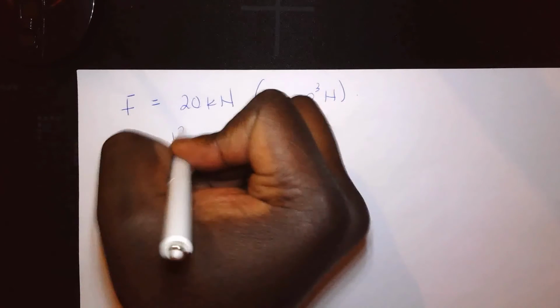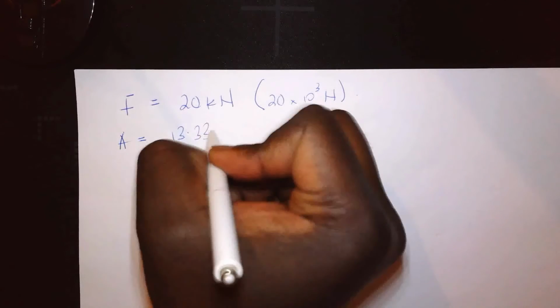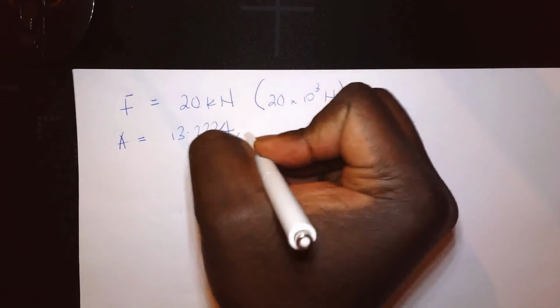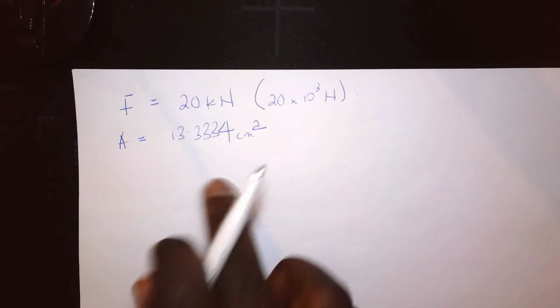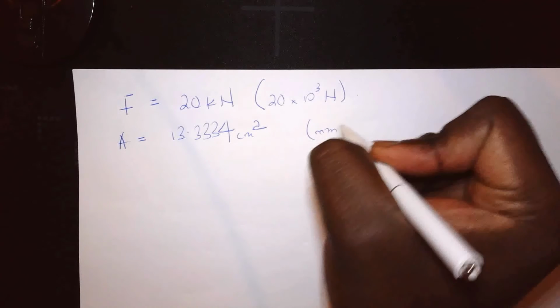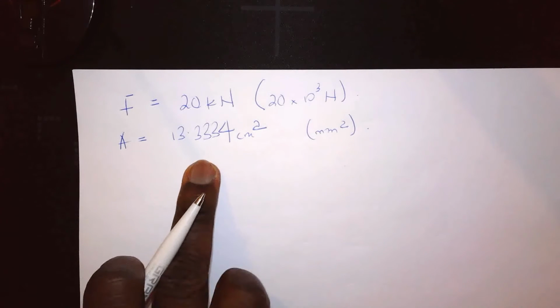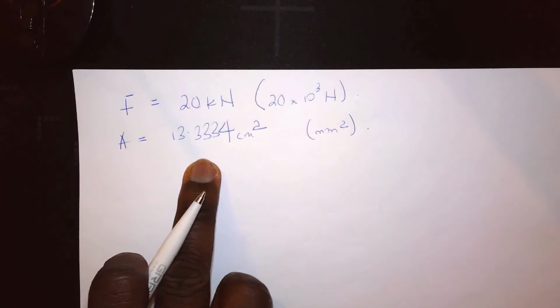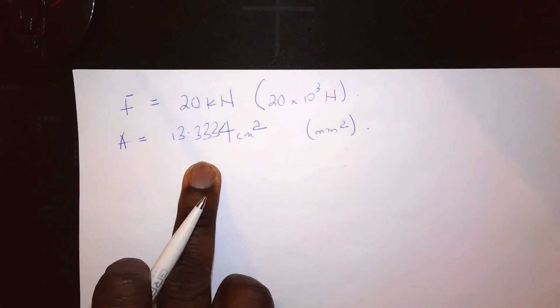We've calculated the area A to be 13.3334 centimeter squared. I'm going to convert that to millimeter squared by multiplying this value by 10 to the power of 2.